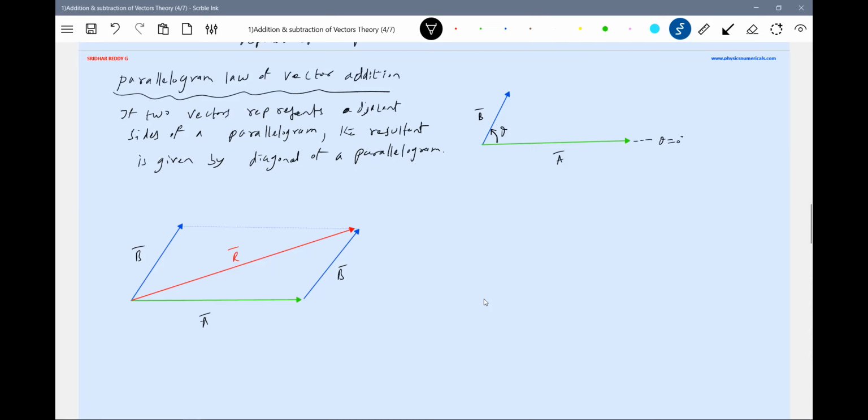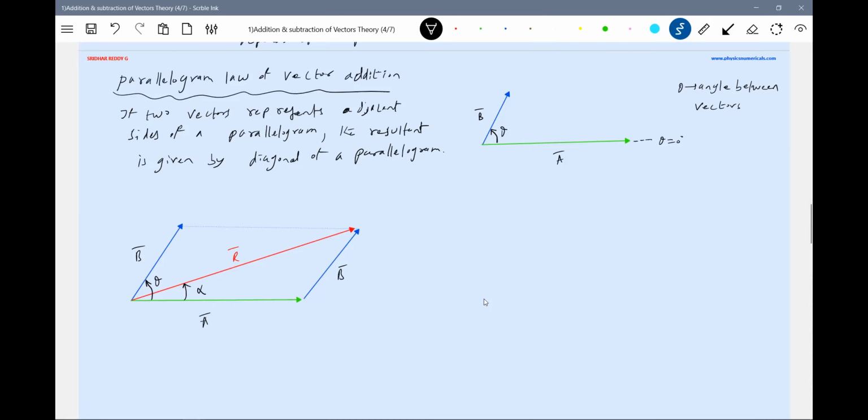Look at the angle between vectors A bar and B bar. Theta, I'm going to call it the angle between vectors. And the resultant will make some angle with vector A bar, that is alpha.